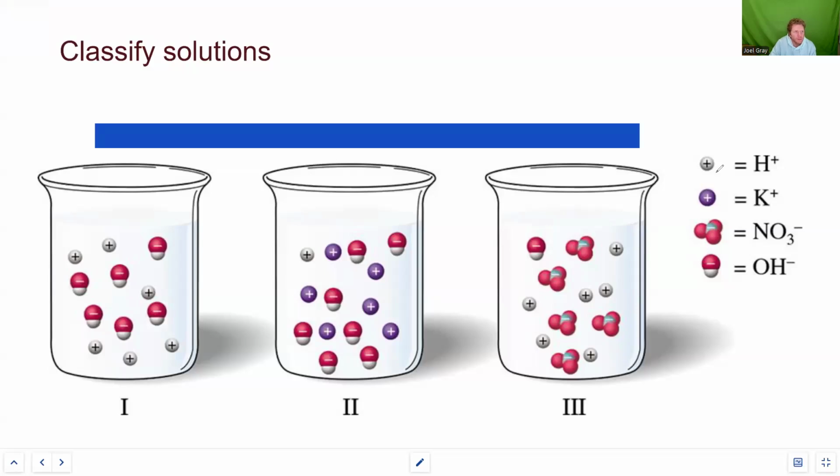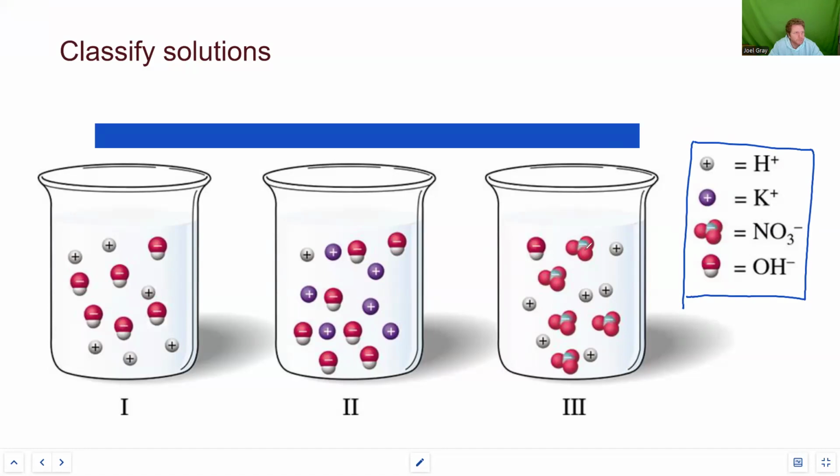If we look at our legend over here, we've got hydrogen ions, we've got potassium ions. Oh man, we haven't really talked about potassium ions. Then we've got NO3 minus ions, or nitrate ions, and then we've got hydroxide ions, which, if anyone's ever played Super Mario Brothers, kind of look like the little mushrooms that you get.